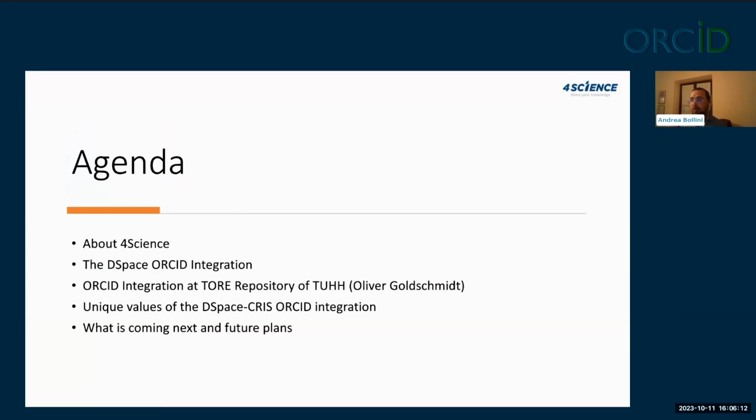I will leave the floor to Oliver to share a real experience of an institution that is using DSpace-CRIS integrated with ORCID. And after his presentation and live demo, we are going to analyze together which are the unique values of DSpace-CRIS and what is coming next and future plans.